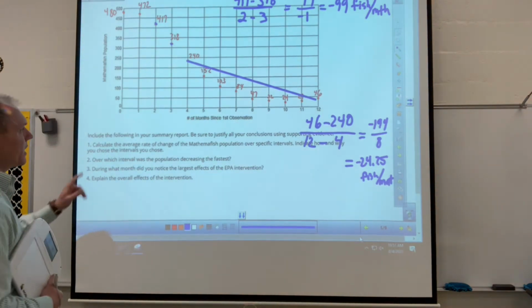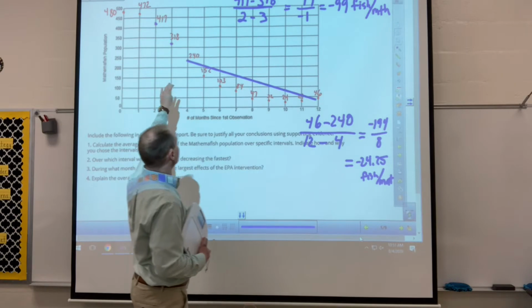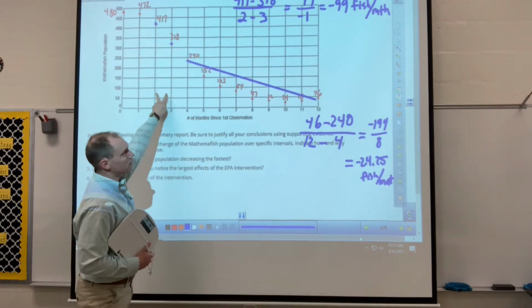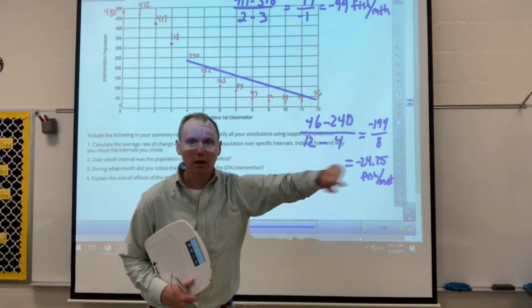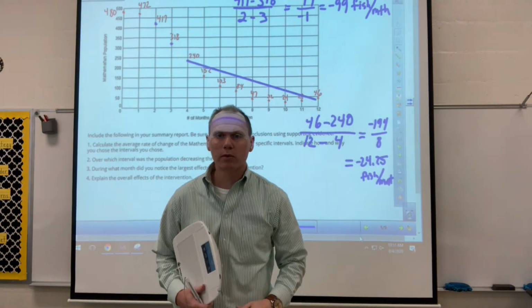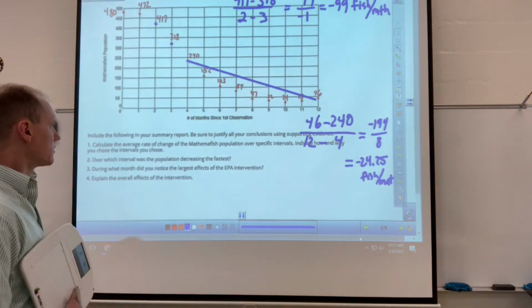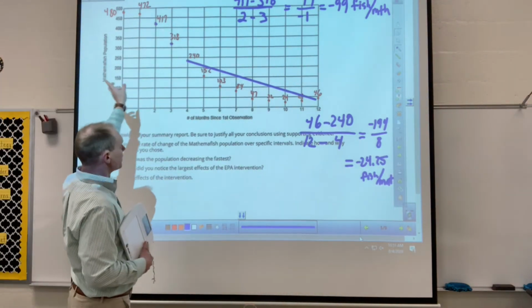And so if you compare them, is it getting better or worse? Well, over this interval here, we're on average losing 99 per month. And then here, on average, we're losing 24.25 per month. It's getting better, right? If we compare those two intervals. But you could compare a lot of different things here.